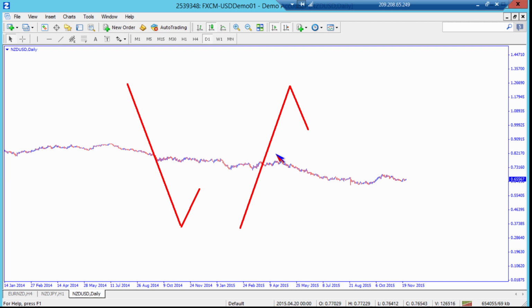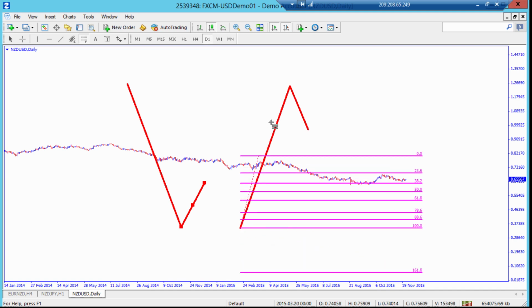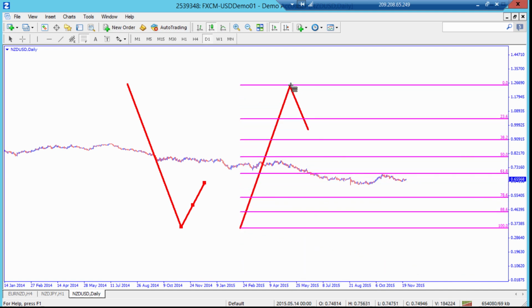That's called a retracement. So we're first going to do what's called a retracement. Then we take our Fibonacci, we draw from low to high. The market just went up. So now we're looking for a retracement.